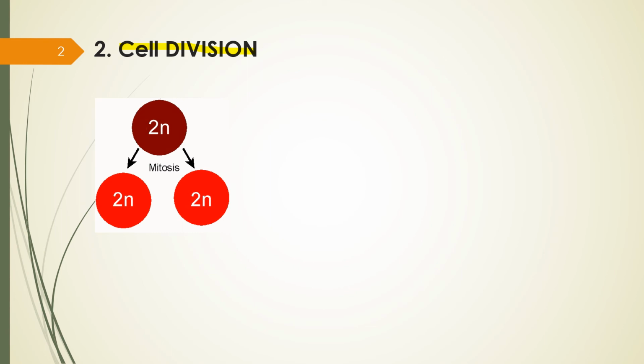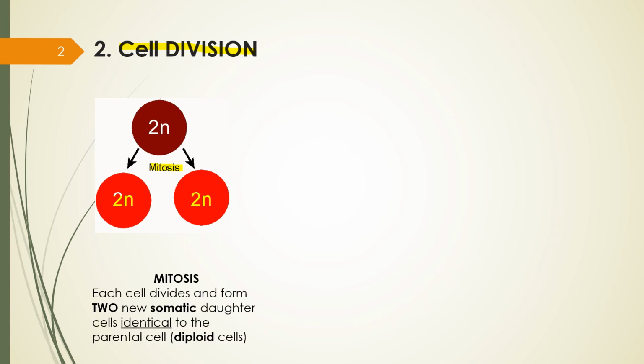For mitosis, as you remember, we have one mother cell which is 2N, resulting in two daughter cells that are also 2N. What does that mean? This means that the number of chromosomes from the mother cell is the same in the daughter cells. Okay, this is going to be different from meiosis.